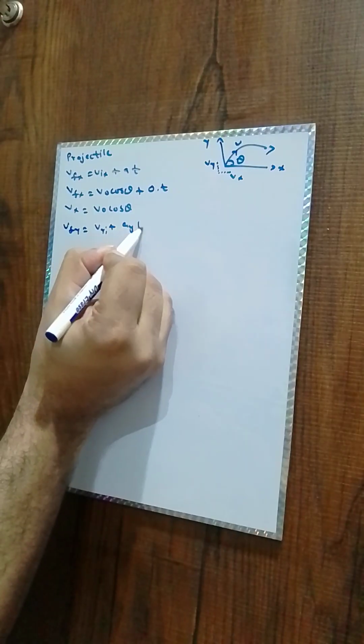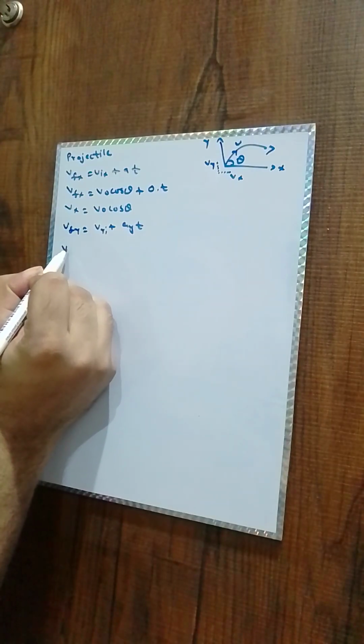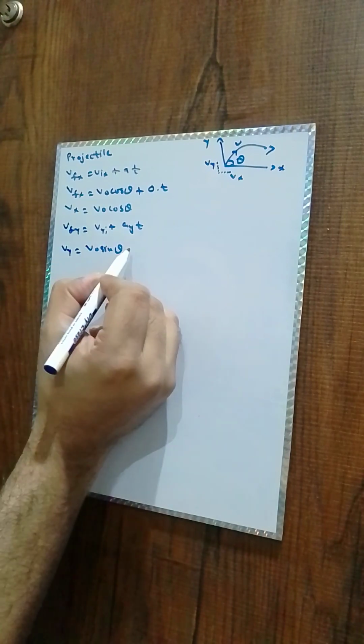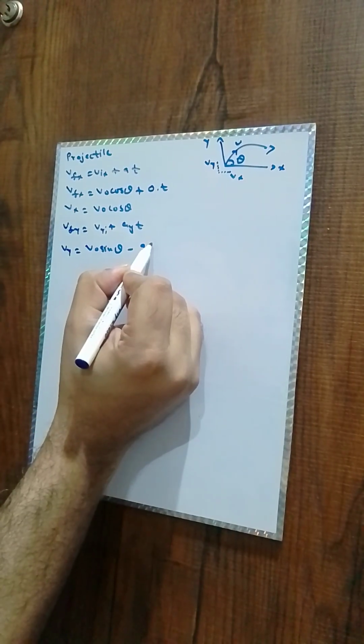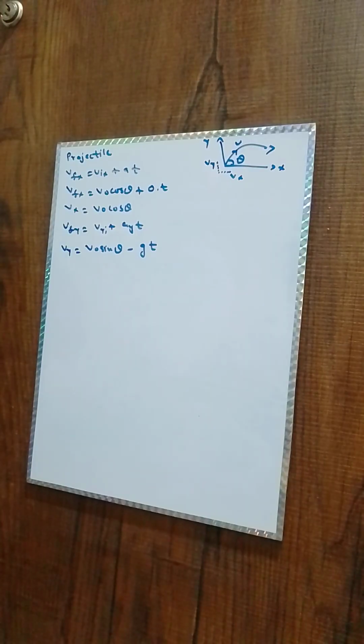Vyi plus Ayt, the acceleration in the vertical direction, or Vy is equal to V naught sine theta, the initial component, minus g, the acceleration due to gravity, dot t, the time of flight.